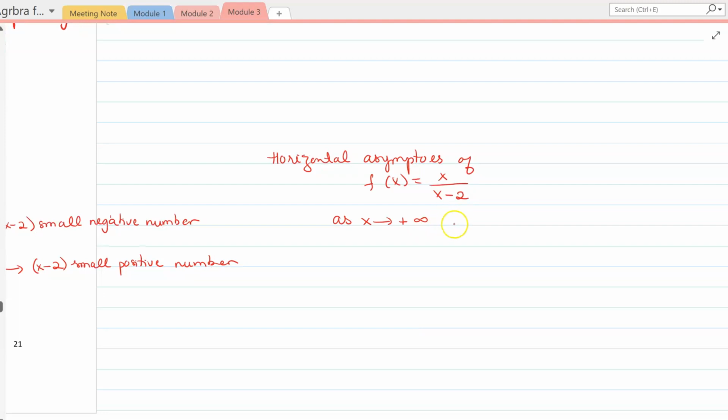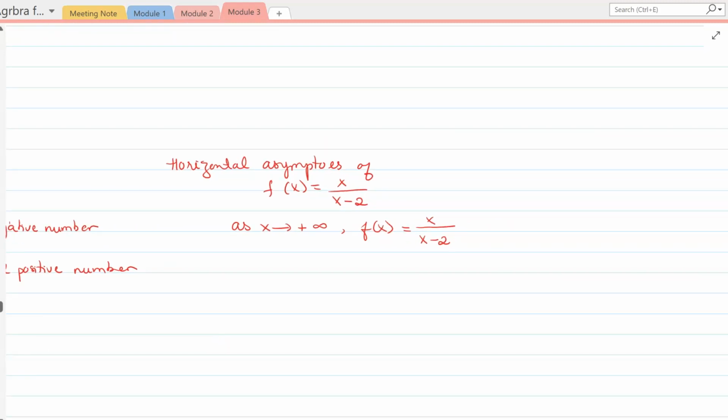The behavior of this, let's say if this value gets really large, then this value minus 2 really does not make much of a difference. So let's say if you have $1 million and then you give somebody $2, effectively you still have $1 million, right? So this minus 2 here does not really affect the value of the function at all. So this is telling us this is going to 1.